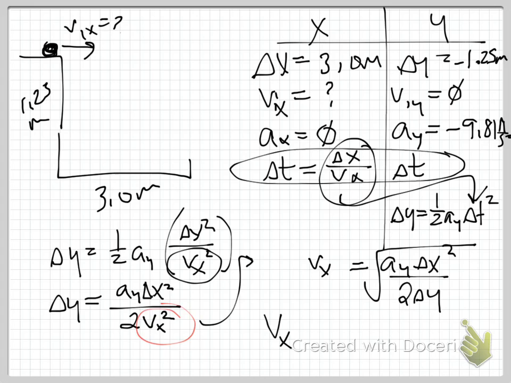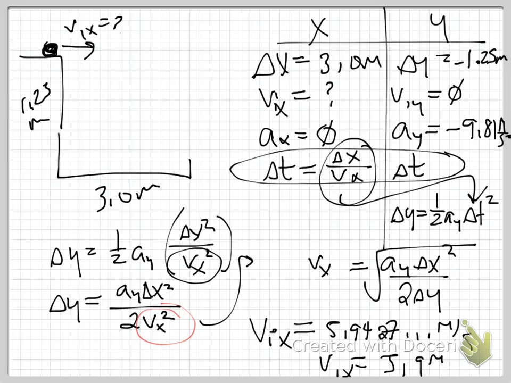When you plug it in, you get a raw Vx or Vix of 5.9427, on and on and on, meters per second. So we get a V sub x or a Vx of 5.9 meters per second.